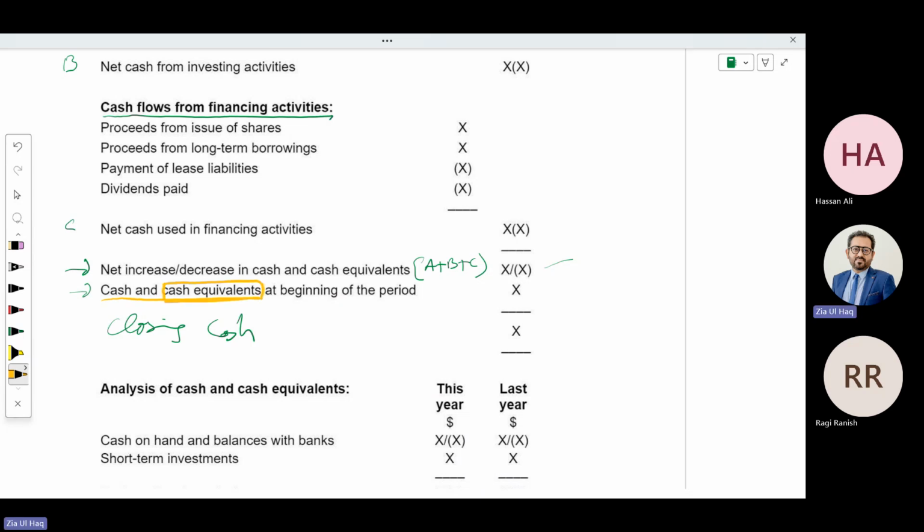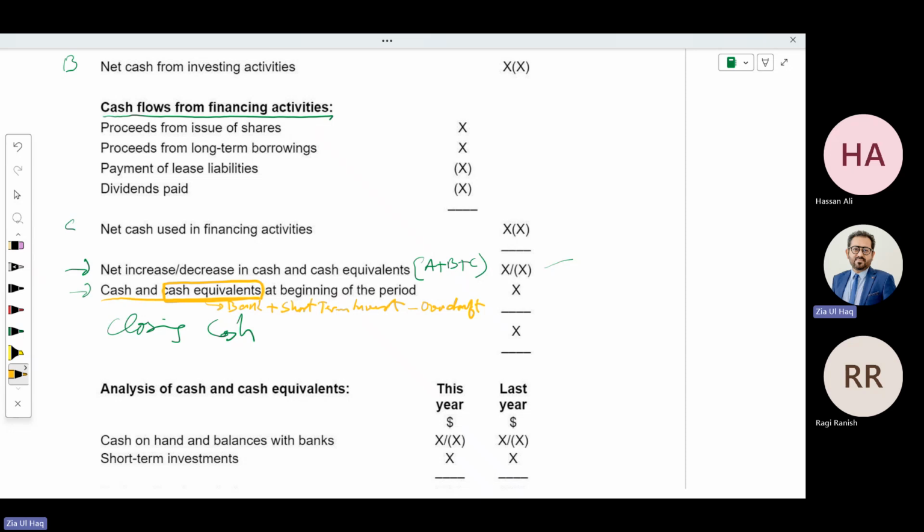What do we mean by cash equivalents? Cash means cash. Cash equivalents means bank plus short-term investment, minus overdraft. That means if the bank balance is positive, that will be added.